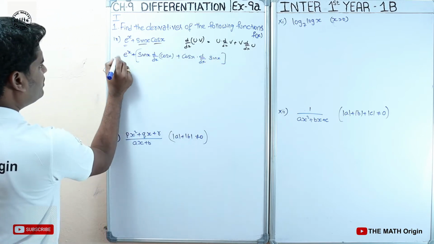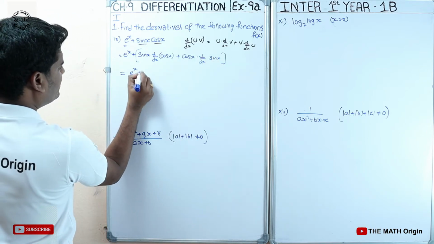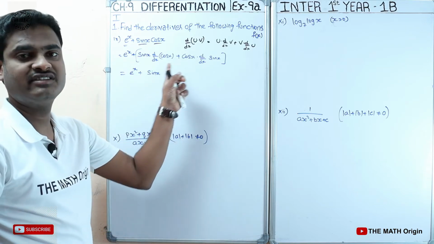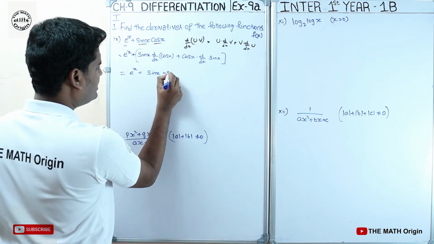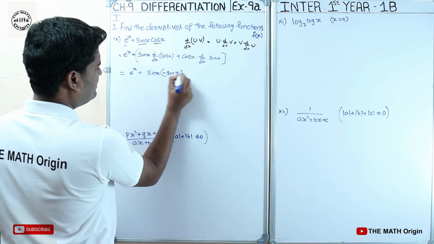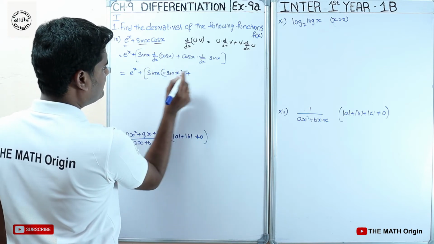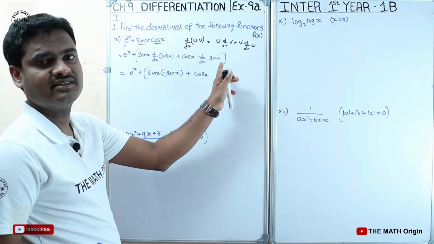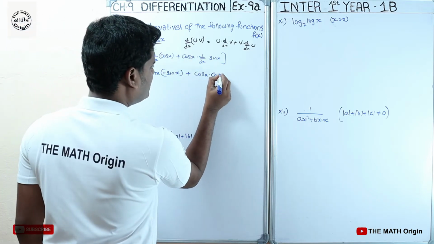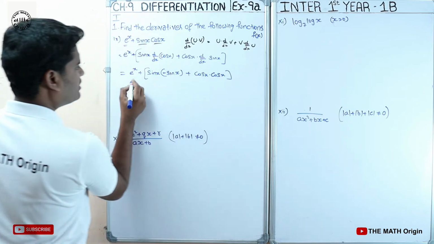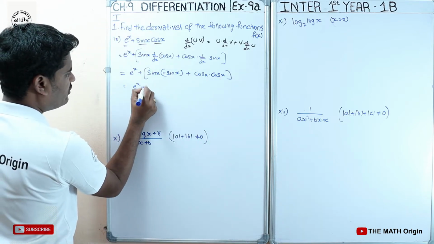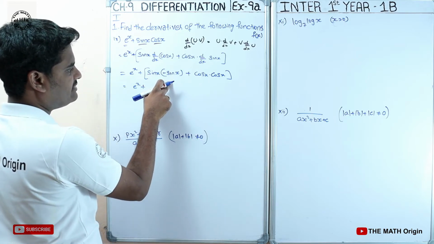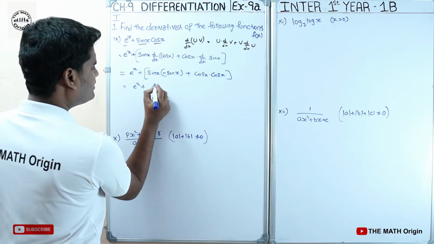Therefore the value here is e power x plus sin x into differentiation of cos x, which is minus sin x, plus cos x into differentiation of sin x, which is cos x. Therefore that is equal to e power x plus minus sin square x plus cos x into cos x, which is cos square x.